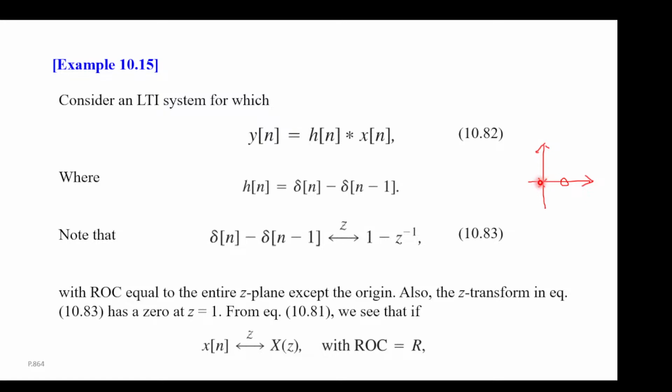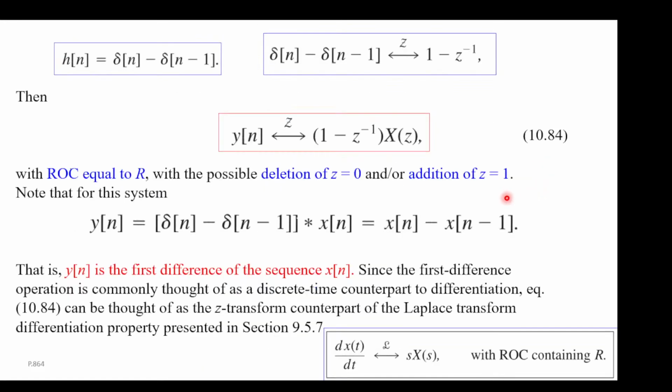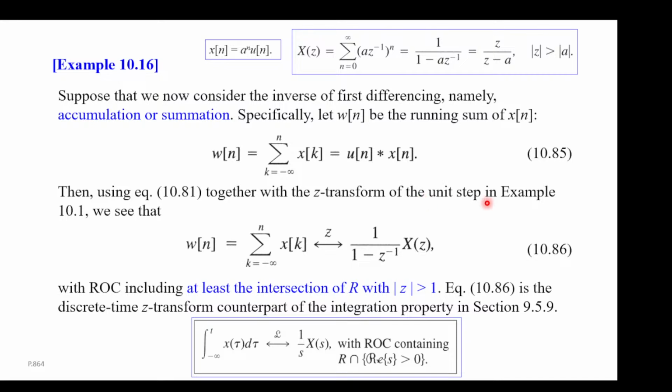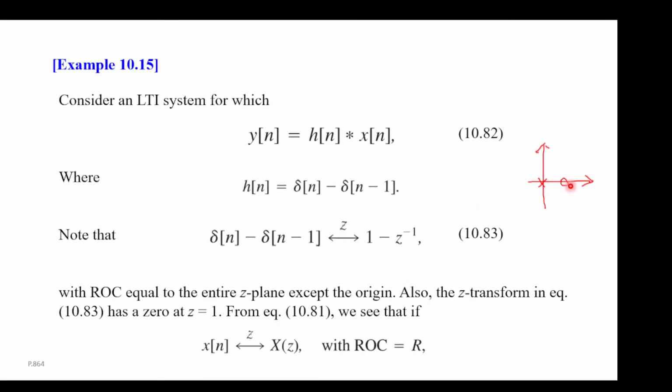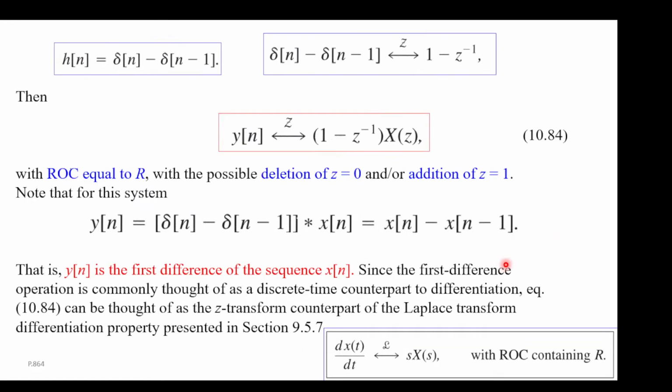Adding a pole might delete z equal to 0 from the ROC, and removing a pole might add this to the ROC. Also, removing a pole here might extend the ROC: if the ROC was bounded by a pole here, this might make the ROC larger. So that's what can possibly happen to the ROC.